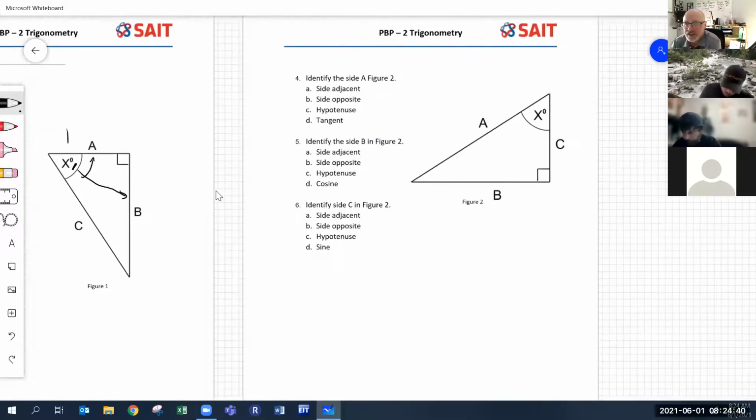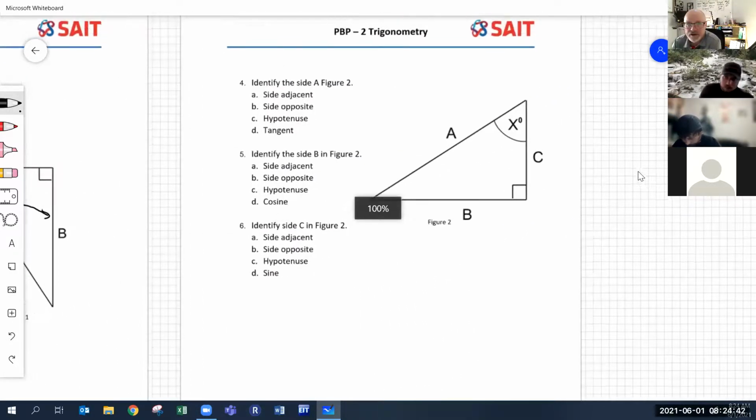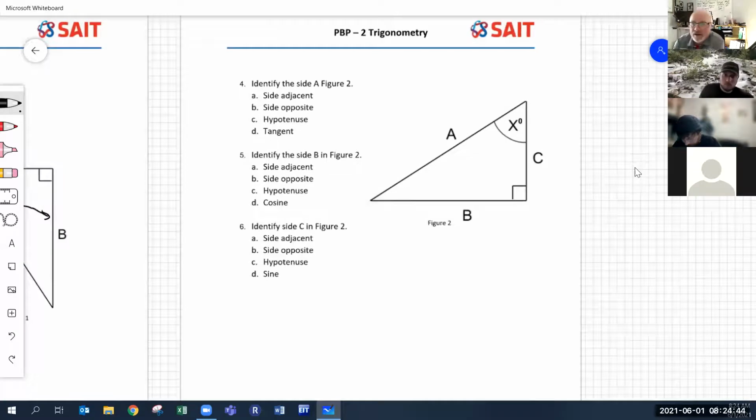So let's have a look at this other one here. What is side A in this figure here? Hypotenuse. It's the longest line, and the longest line in a right angle triangle is literally called the hypotenuse. What about B? What is B in there?